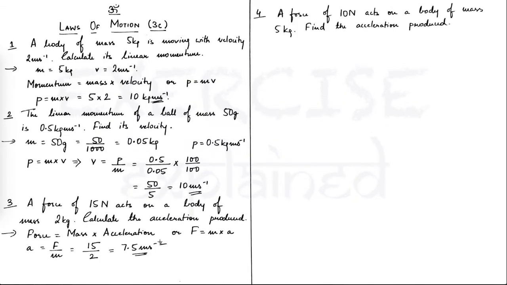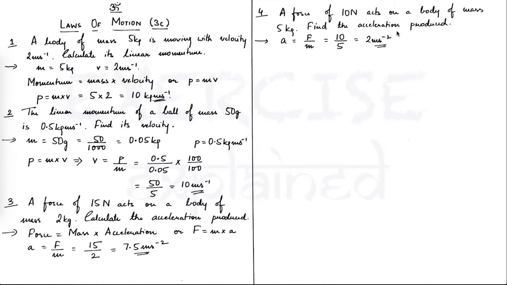Getting into question number 4. A force of 10 Newton acts on a body of mass 5 kg. So here we have the force to be 10 newtons and mass to be 5 kg. Find the acceleration produced. So this question is similar to the previous question which we just did, that is with question number 3.